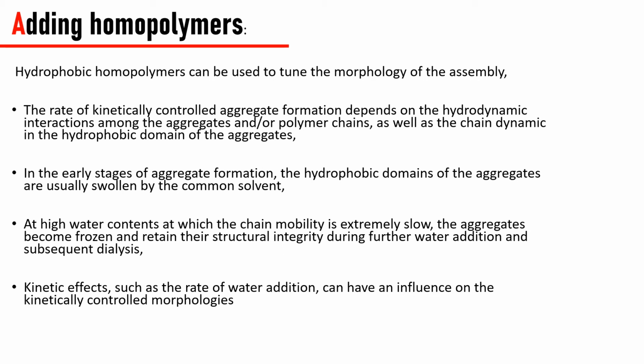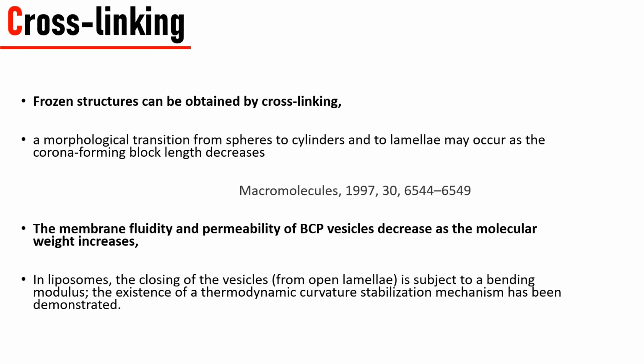It becomes much bigger. Cross-linking leads to frozen structures by using polymers. A morphological transition from spheres to cylinders and to lamellae may occur as the corona-forming block length decreases.